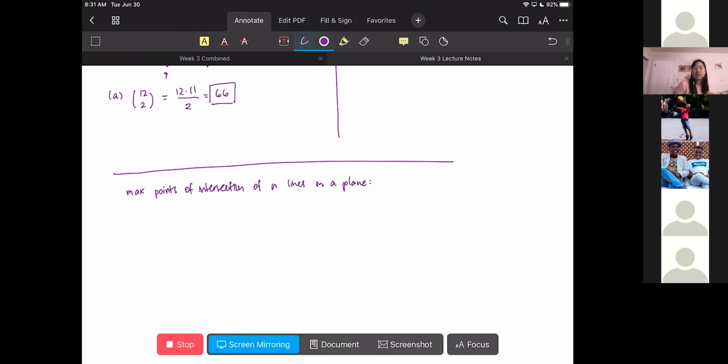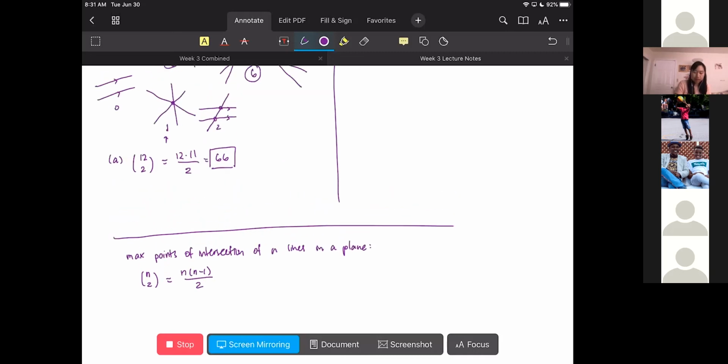So we want to say, okay, how many pairs of lines can we choose from these n lines? And then all of them would need to intersect. So we could just do n choose 2, which, as you said, was n times n minus 1 over 2. Yeah, that's right.